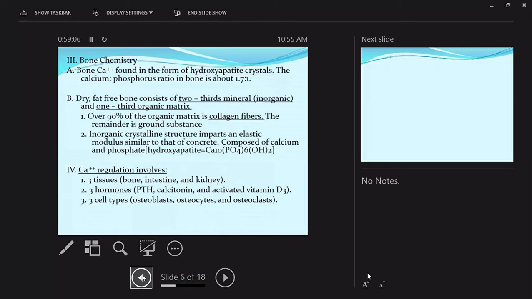Let us go back to the calcium and phosphate. The usual intake is 1,000 milligrams per day, okay? And 35% of that calcium is absorbed, so around 350 milligrams per day. And the rest is already excreted in the feces.